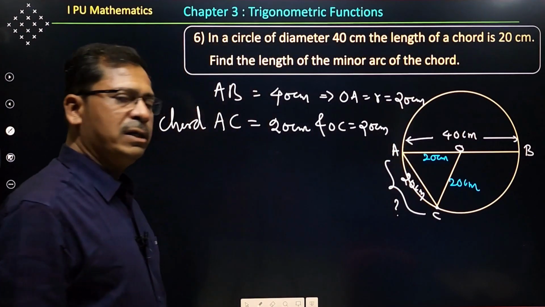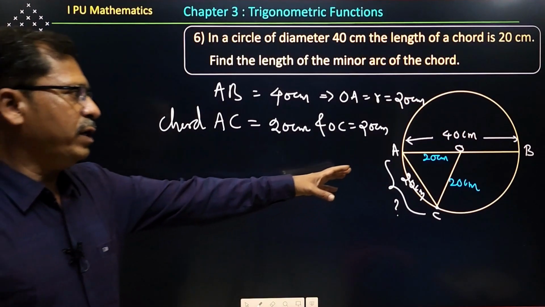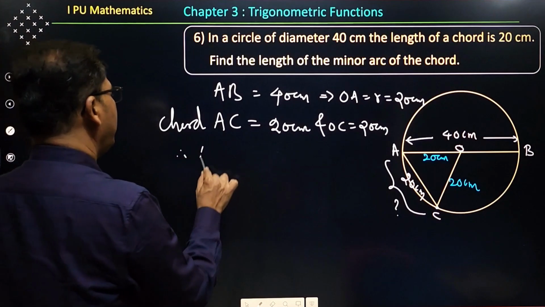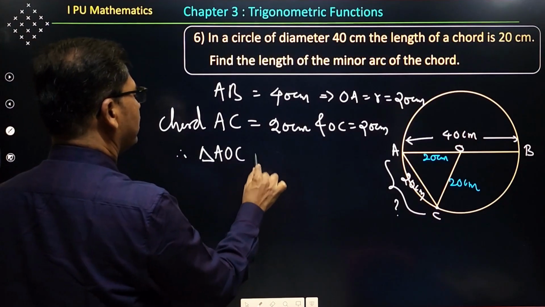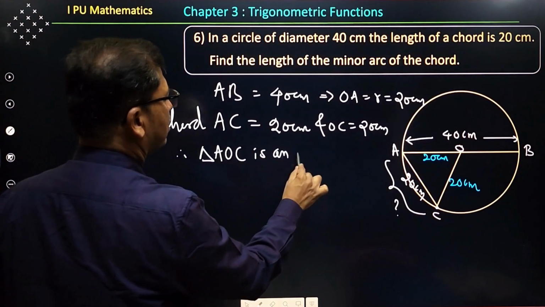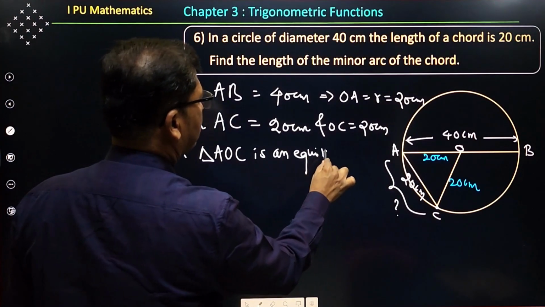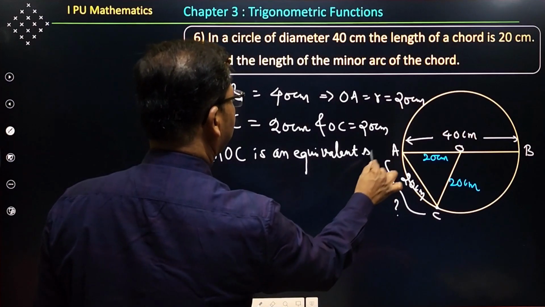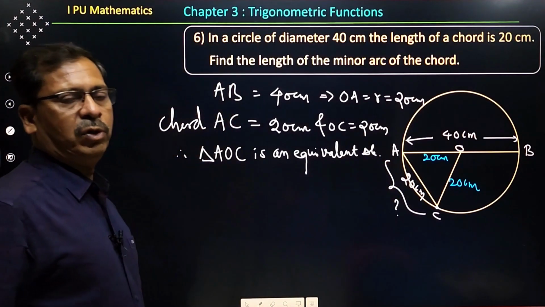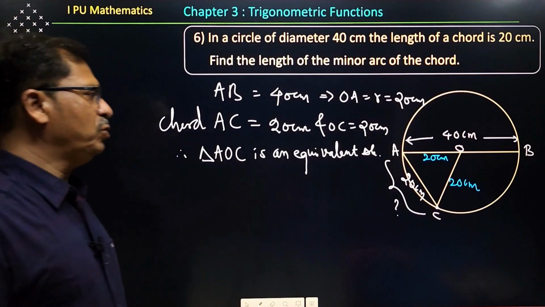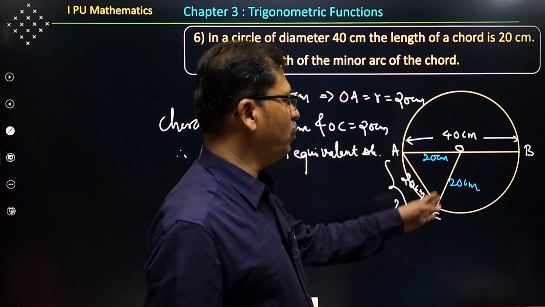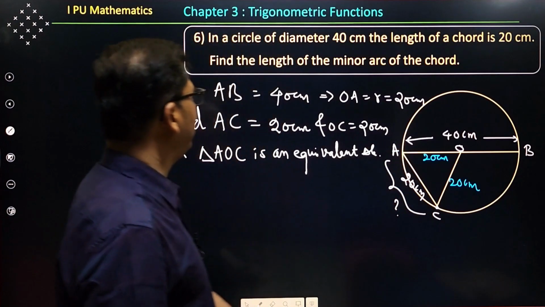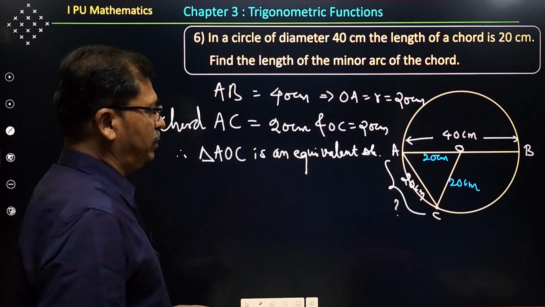So as a result of this observation, what kind of triangle is AOC? It is an equilateral triangle. Why? AC is 20, OC is 20, OA is 20. All three sides are equal, so it is an equilateral triangle.